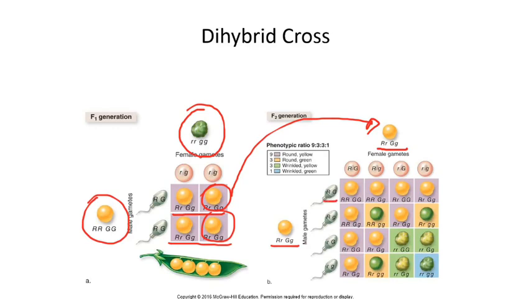They can be homozygous dominant, they can be heterozygous one way, heterozygous the other way, or homozygous recessive. So when we do our Punnett square and we bring these together, our phenotypic ratio is 9 to 3 to 3 to 1.